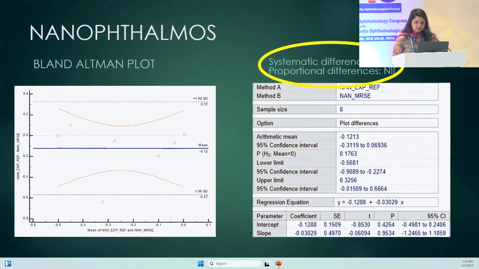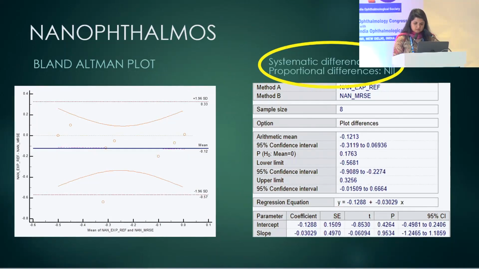The Bland-Altman plot plots the differences between a pair against the mean of the pair of measures, and we have plotted the mean of expected and achieved on the x-axis versus the difference between expected and achieved MRSE on the y-axis. In nanophthalmos, the mean difference is only minus 0.12 diopter, and constant optimization is not recommended because systematic and proportional differences are nil.